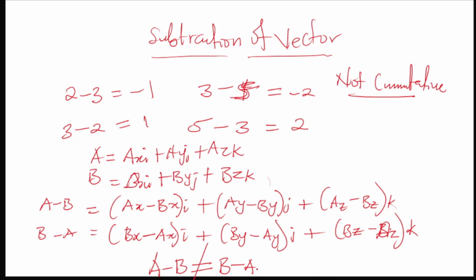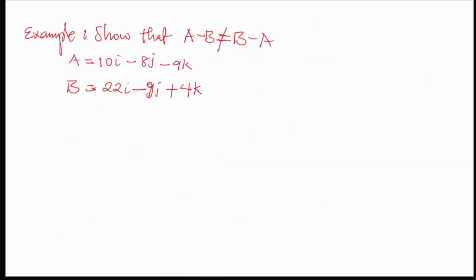Now let's take some examples. Looking at our example, it simply says: show that A minus B is not equal to B minus A. I come again.